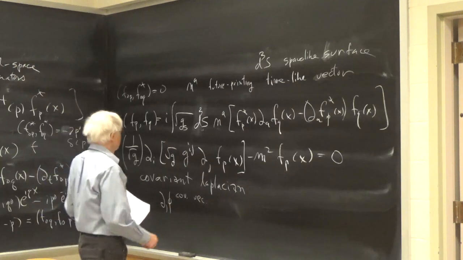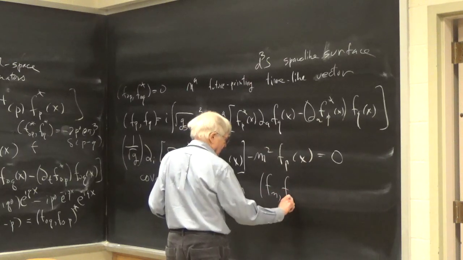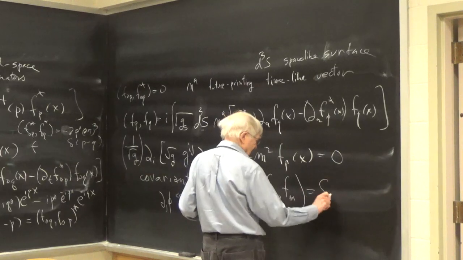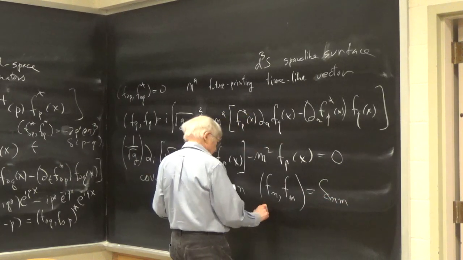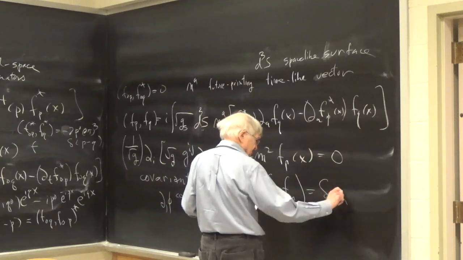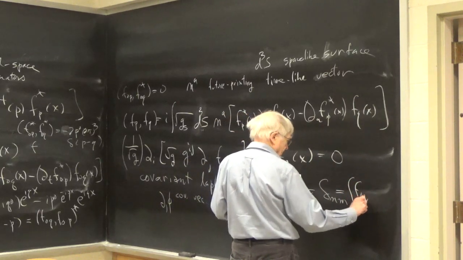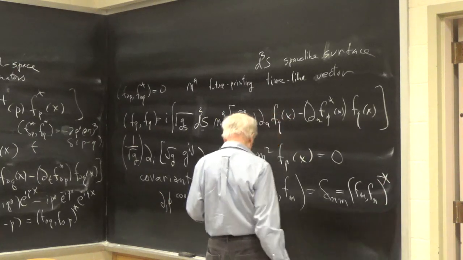In particular, if we use the discrete notation, then we're going to assume that the curved space solutions are basically delta_nm, and that this is the same thing as f_m, f_n complex conjugate.